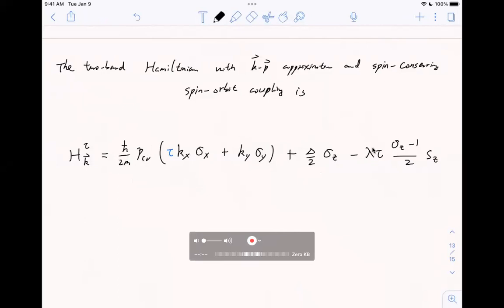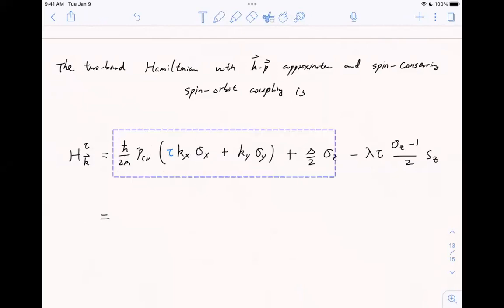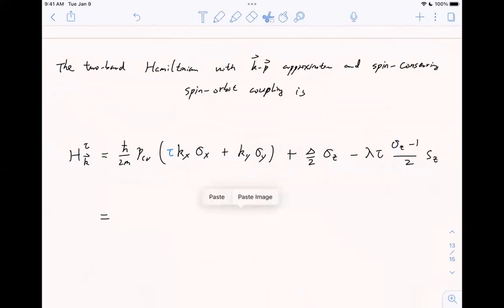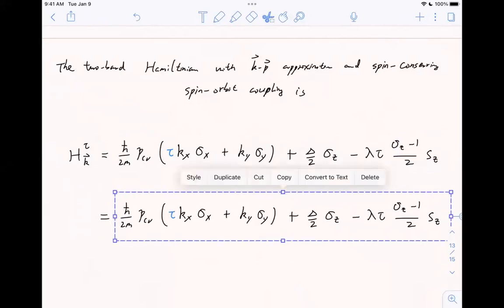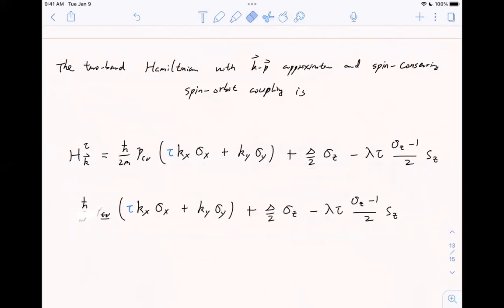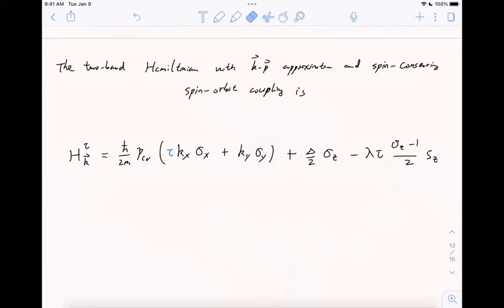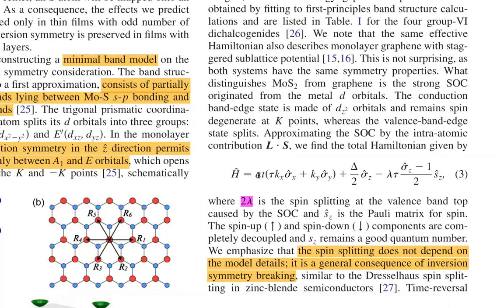So usually, what people in that paper did is treat it as a parameter. In that paper, they just take it as AT, where A is the lattice constant and T is the hopping strength.